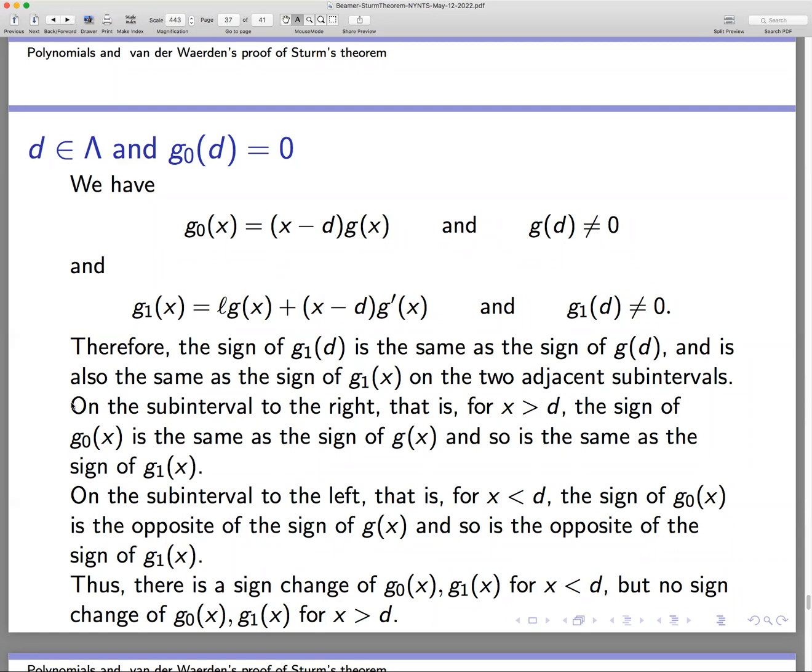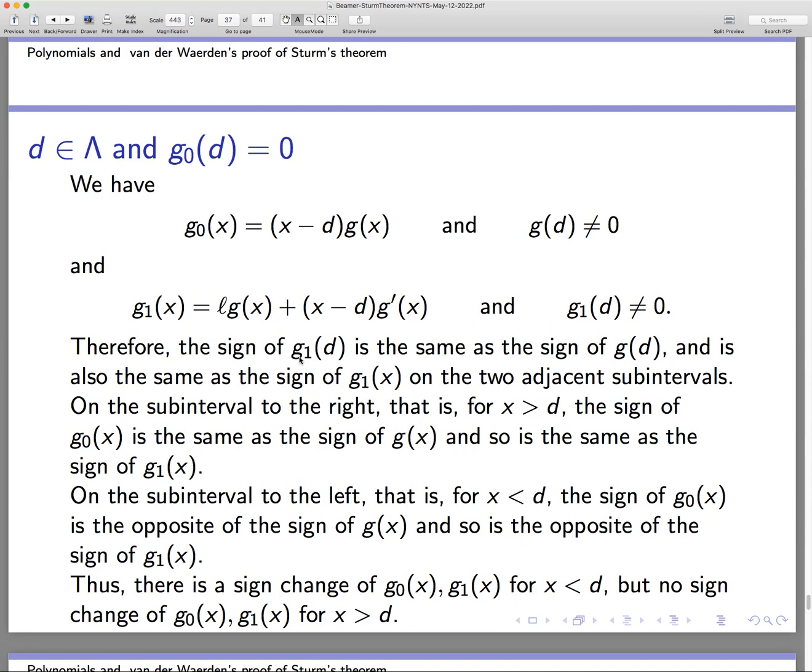Yes, sorry. So G1 of d is L times g of d, and L is positive. So G1 of d and g of d have the same sign. And because G1 of d is non-zero, the sign of G1 of d is also the same as the sign of G1 of x on the 2 adjacent subintervals.